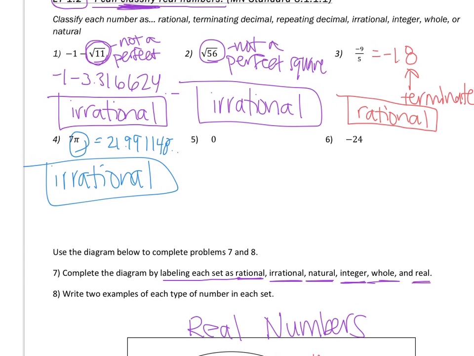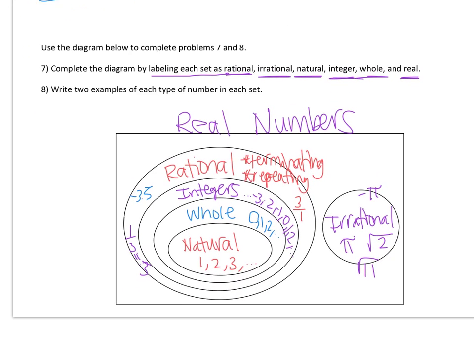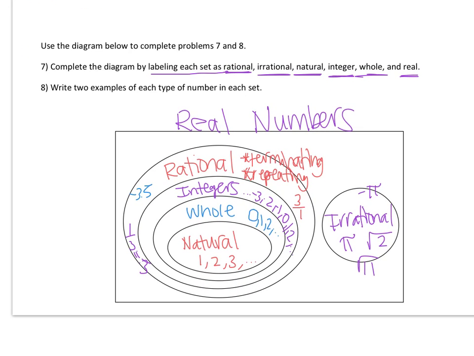Okay, and then we have the number 0. If you look back at your list, notice how 0 is considered a whole number, but it's not a natural, okay? It's not a natural because 0 is not a part of that list. So it's not going to be considered a natural, but it will be a whole.